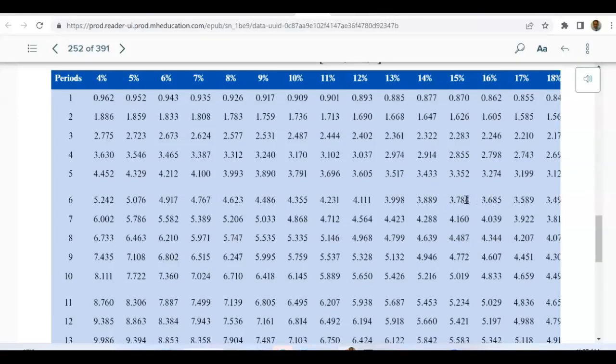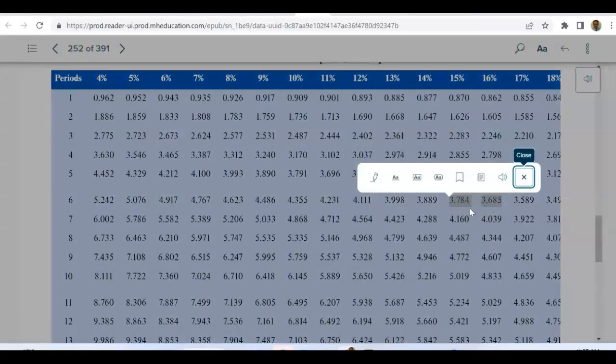So 3.720 will fall somewhere in between, right there.